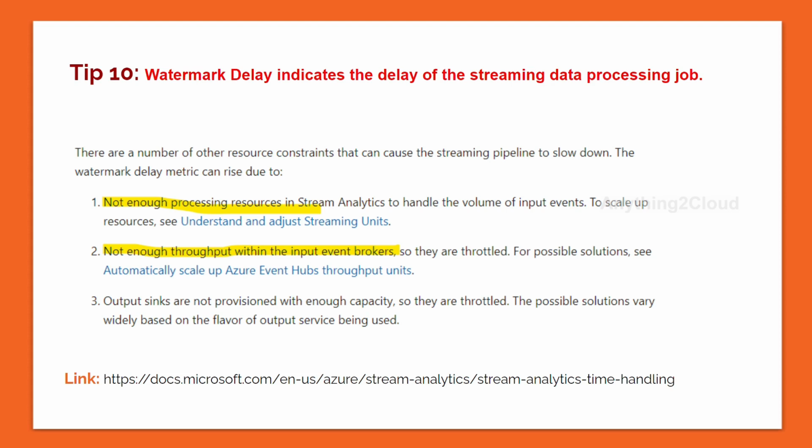The next one is not enough throughput within the input event brokers, so they are throttled. Third one is the output sinks are not provisioned with enough capacity, so they are throttled. These are the three main reasons for the watermark metrics to rise. Basically, what we need to understand from here is the watermark delay indicates the delay of the streaming data processing job.